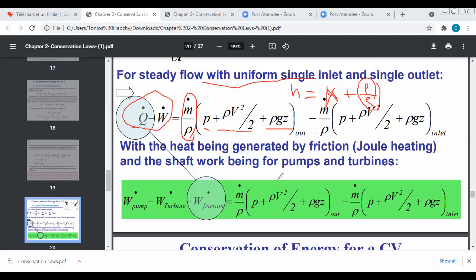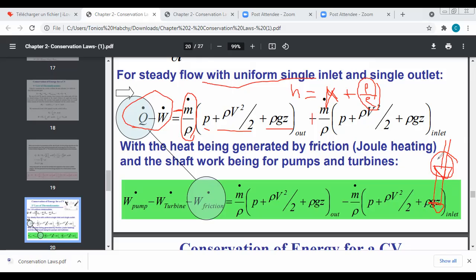This is valid for any system, but we should pay attention to signs. Here it should be minus, and here it should be plus. Why? Because whenever you have a system, you have what is coming in and what is getting out of your system.